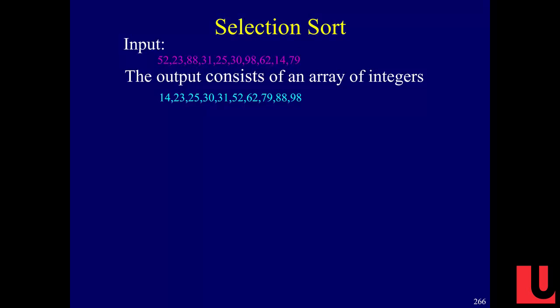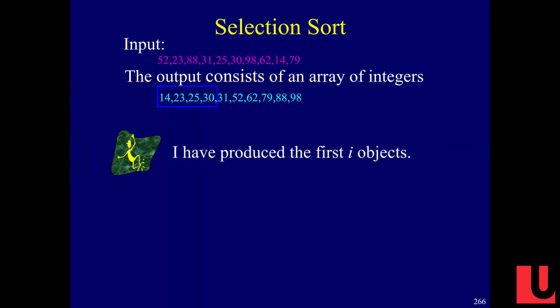Our input's a bunch of numbers to sort, and the output is those numbers sorted. So the loop invariant is going to say that we have produced the first bit of the output. And what is that going to tell us? If this is actually the output, it's going to tell us these numbers are sorted, and it's going to tell us what's the relationship between these numbers and these numbers.